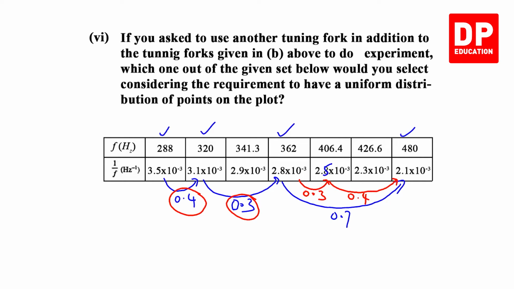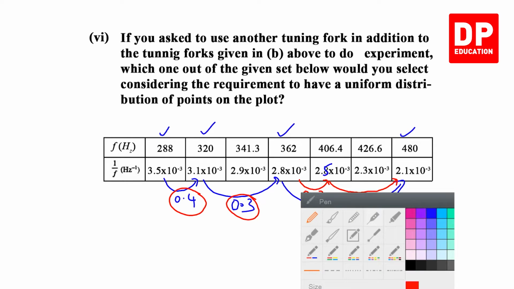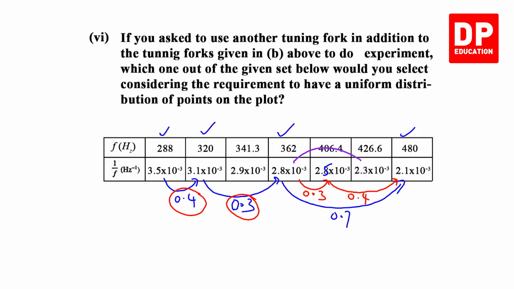But if you take the other one, the difference is going to be 0.5 here and then 0.2 here. So, that is not evenly divided, isn't it? 0.5, 0.2 compared to 0.4, 0.3 is better, which means 406.4 Hertz would be ideal.